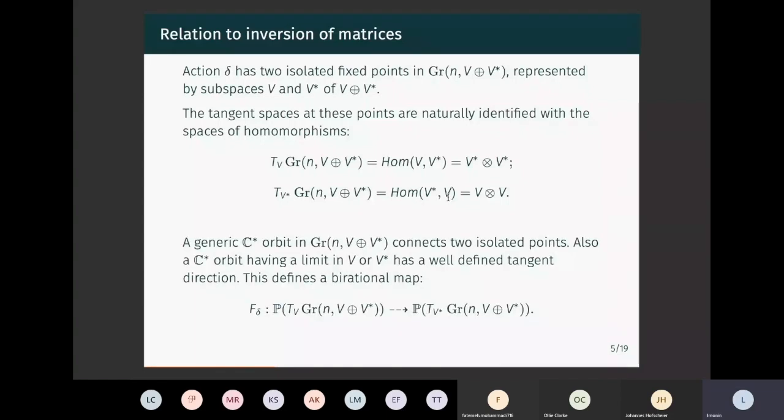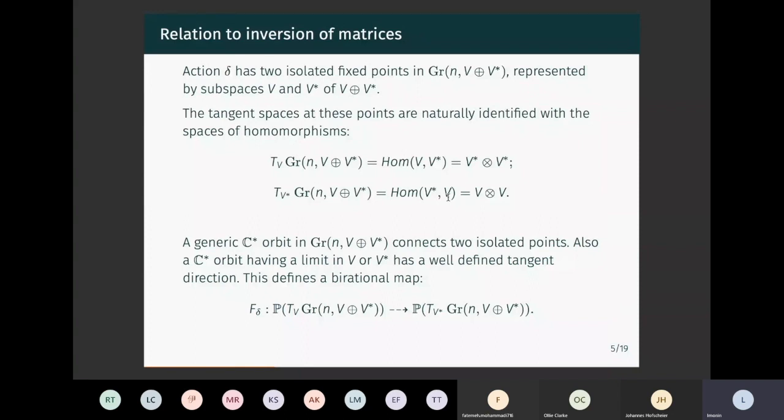Moreover, a generic C star orbit inside the Grassmannian connects the two isolated points, and a C star orbit at each of these fixed points has a well-defined tangent direction. It doesn't have a well-defined tangent vector, but it has a well-defined tangent direction.